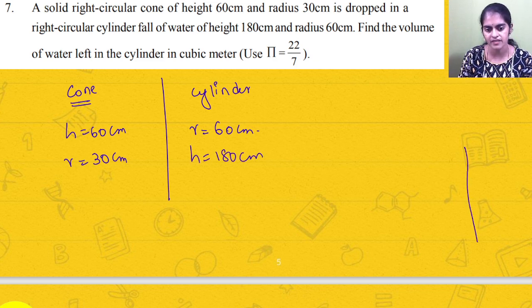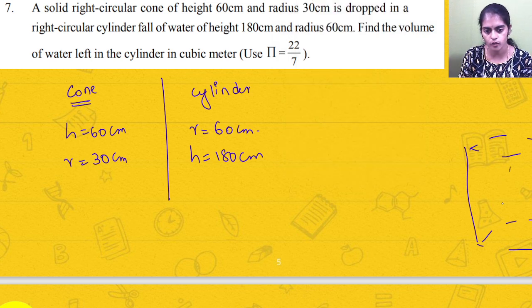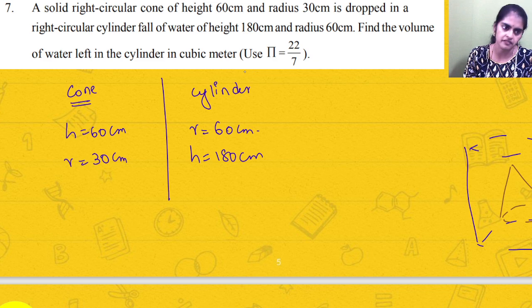So see here, you have a cylinder, firstly a big cylinder. In this big cylinder you are dropping a cone. Now what is happening? See, find the volume of water left in the cylinder. You have to find. So firstly, height of cone and radius of cone is given to you.